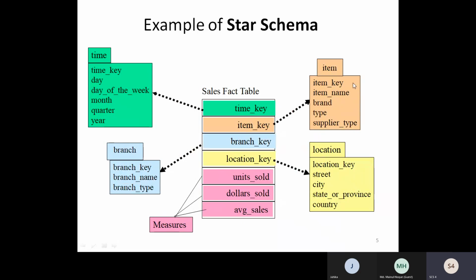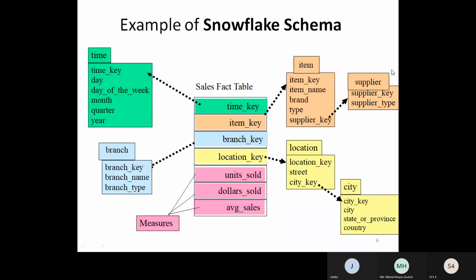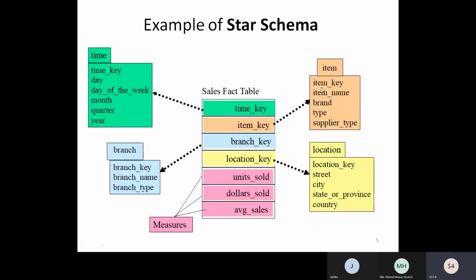Can I say it as a star schema? No, sir. Because star means what? One center, and from that center, other things being connected. The same thing that we have in case of topology, in the case of your computer network. आप बढ़ा सकते हो, increase कर सकते हो, but that will no longer be a star schema.